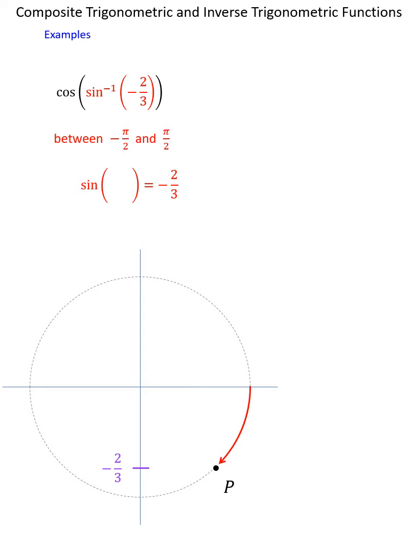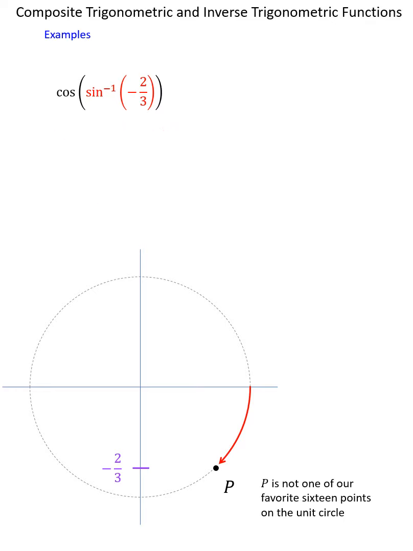Now we're in a unique position here that we were not in either of the previous two problems. Why? Well, because P is not one of our favorite 16 points on the unit circle. None of our 16 favorites have a y-coordinate of negative 2/3.